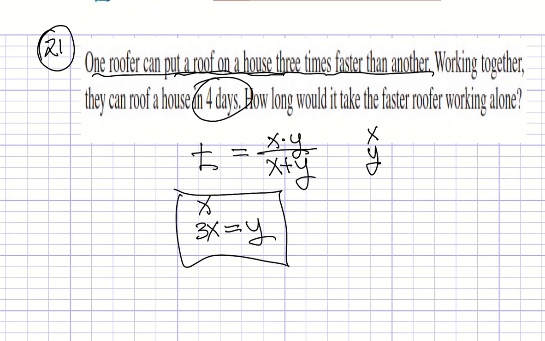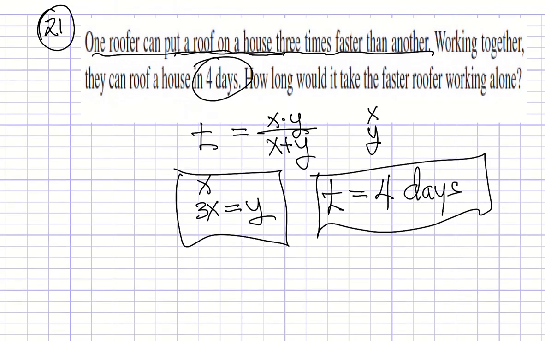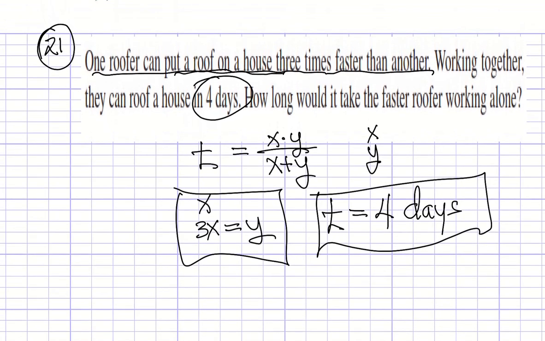That's the first condition. The second condition is t equals 4 days. Okay, in days. You see that, right? Now they're looking for the time it would take x, the faster roofer, because the faster roofer goes very fast.